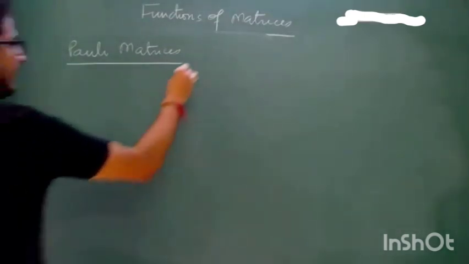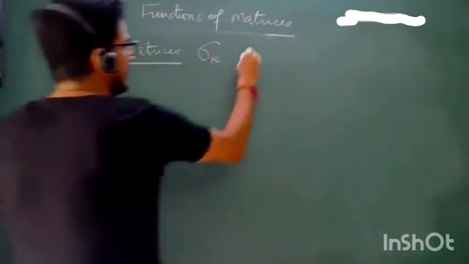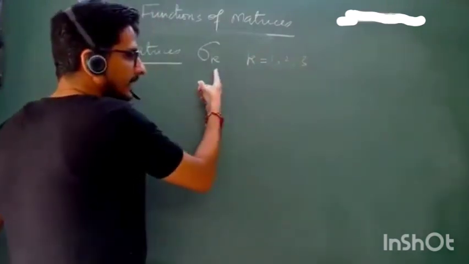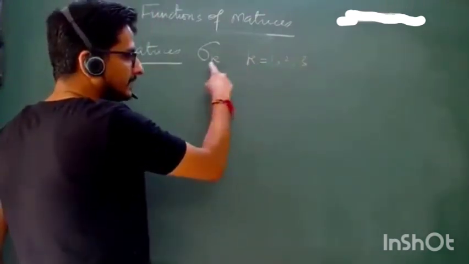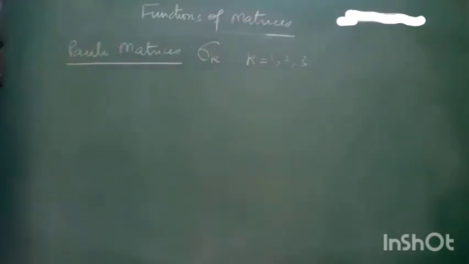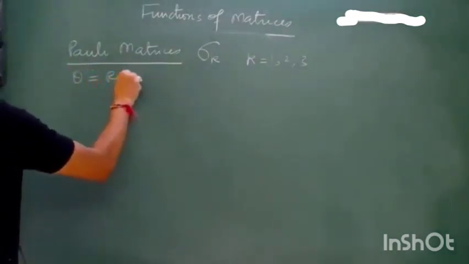So suppose I write sigma k as a Pauli matrix, where k is equal to 1, 2, 3. Some people write it like sigma x, sigma y, sigma z. I am writing it as sigma 1, sigma 2, sigma 3, all three Pauli spin matrices. And let theta be a real number.